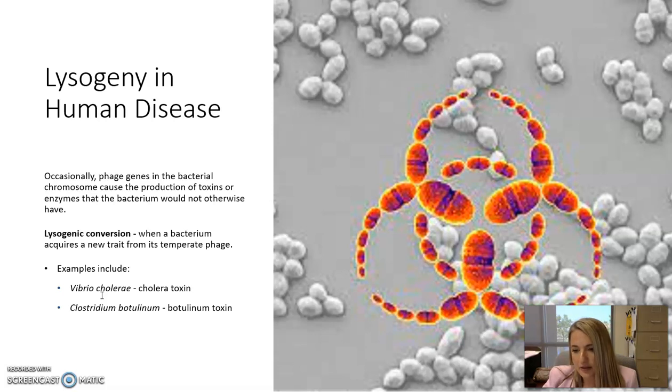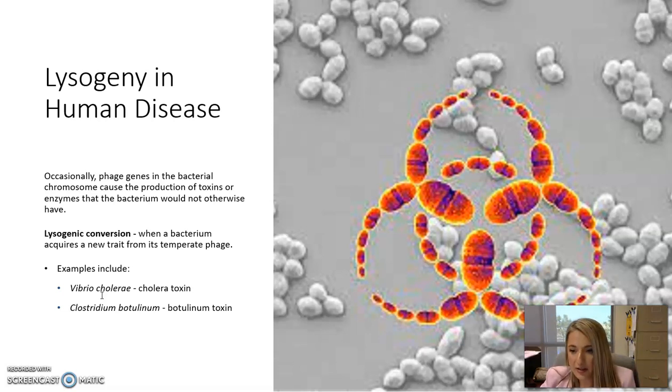And what that viral DNA taught them to do was make very dangerous toxins. So they went through lysogenic conversion, and they went from just being normal, non-pathogenic bacteria to now all of a sudden being very pathogenic, very dangerous bacteria that are able to produce life-threatening toxins.